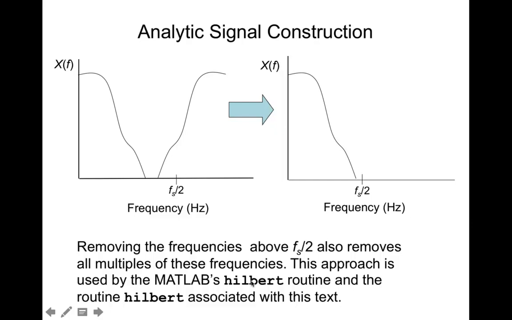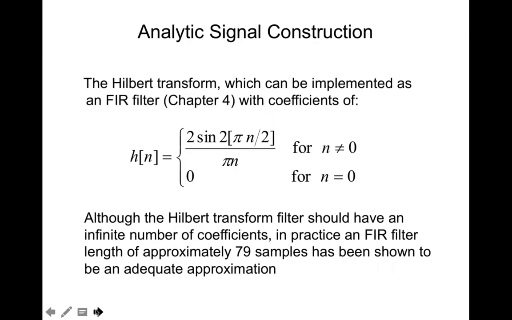There is a MATLAB Hilbert routine, and there's also a Hilbert routine that your textbook author has written. They're very similar. Now, there are a lot of different ways to implement a Hilbert transform. That's really beyond the scope of this course to go into great detail on. But basically, one way to do it is to implement it as a finite impulse response filter, similar to some of the ones discussed in Chapter 4, and the filter coefficients can be generated by this function.